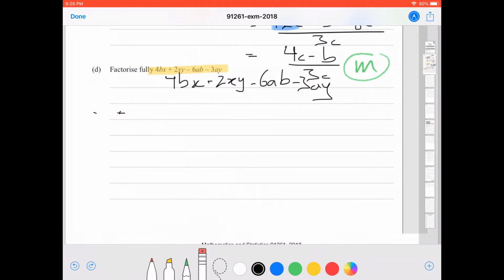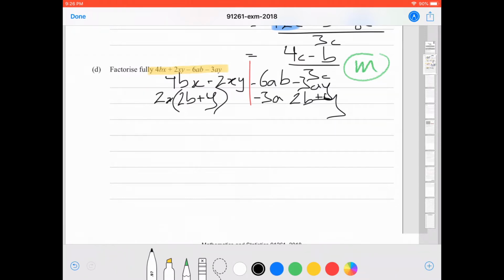So we've got 4 terms here, and so let's draw our line through the middle of the expression, and let's factorize the left-hand side. We've got a common factor of 2x, and then inside the brackets, 2b plus y. Okay, I hope that makes sense. For our right-hand side, we've got a common factor of minus 3a, and inside the brackets, 2b plus y.